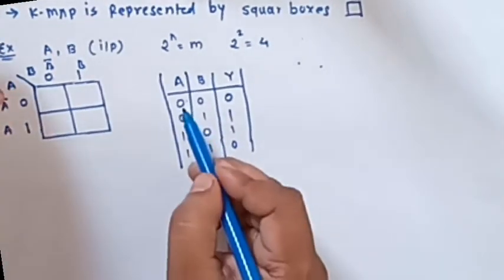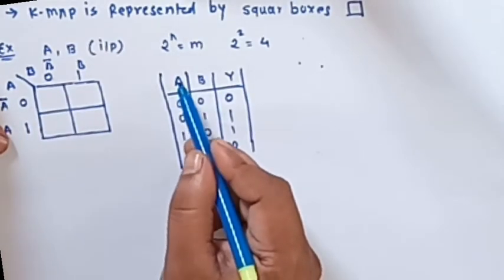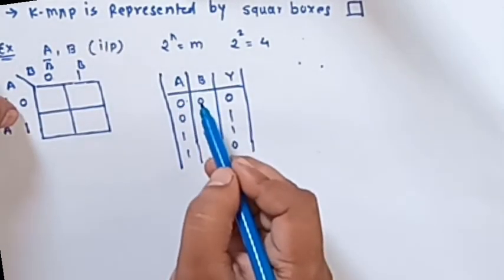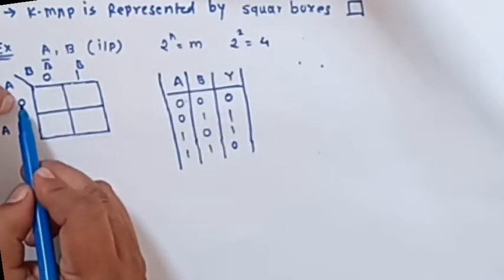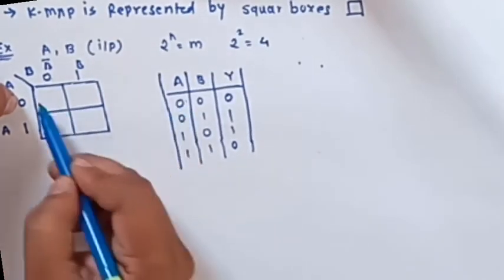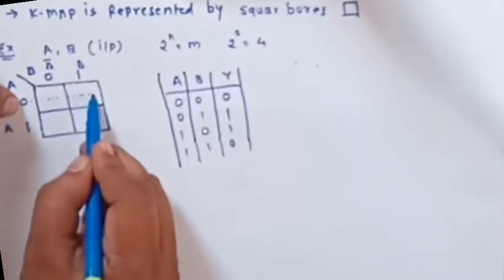So let's check, for input A equal to 0, B equal to 0, the output value is 0. Here these are the values of A and these are the values of B. So A equal to 0 and B equal to 0, you need to consider this row.